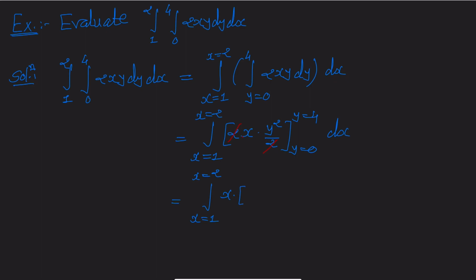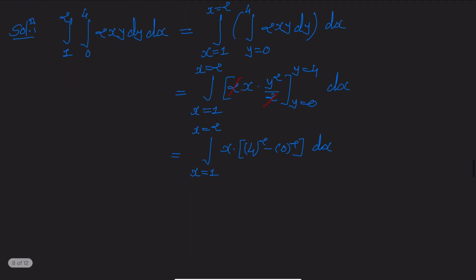But here what is the limit of y? y is equal to 4 to y is equal to 0. So this is 4 square minus 0 square dx, which is equal to the integration from x is equal to 1 to 2 of 4 square, which is 16, minus 0. So this is 16 into x dx.